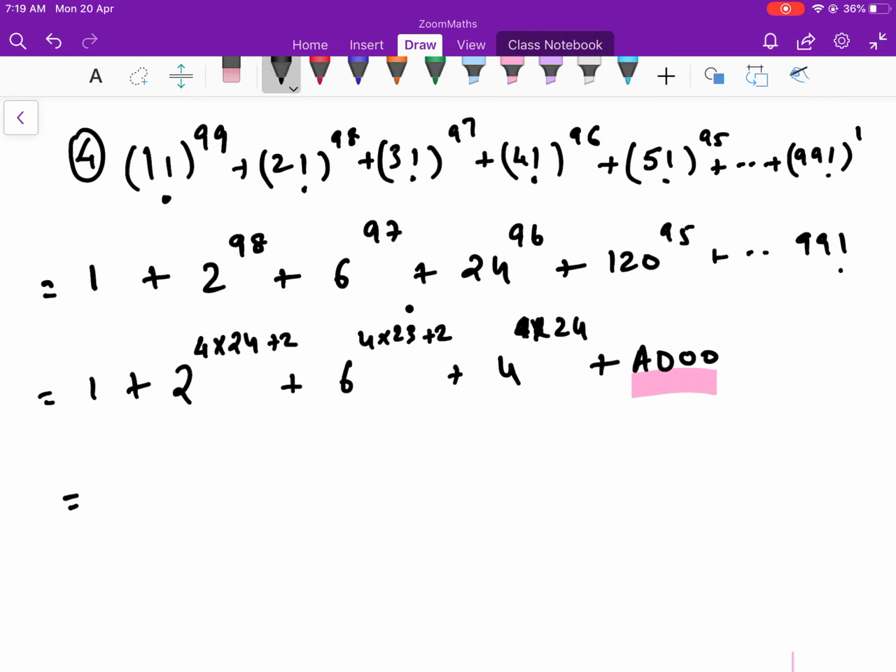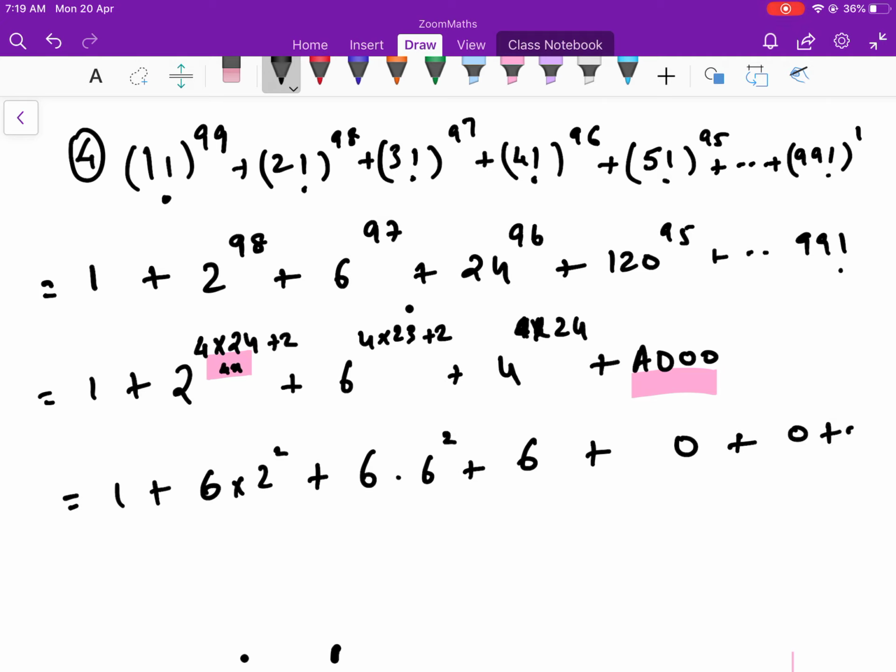Now take this 1 plus 2 into 2 raised to 4 into 24, this is in the form of 2 raised to 4x. 2 raised to 4x always ends in 6, plus 6 raised to 4x ends in 6, plus 4 raised to 4x ends in 6, plus some number that ends in 0, and you add many more numbers that end in 0, so the unit digit doesn't change. 6 plus 6 into 4 is 24.